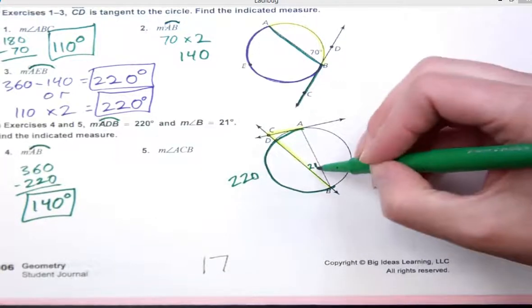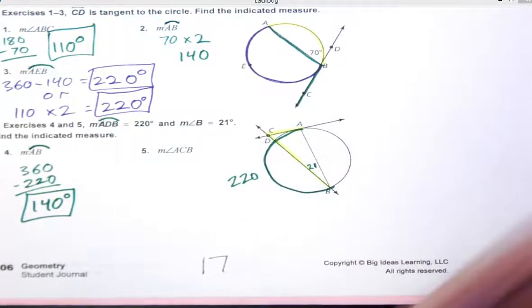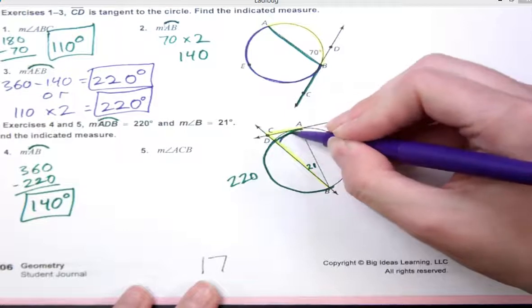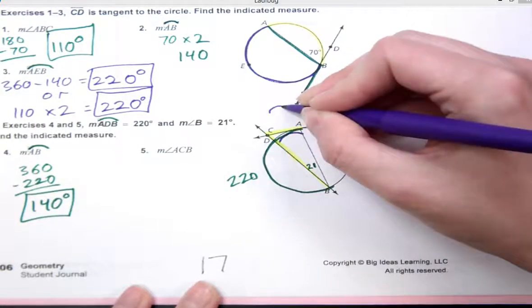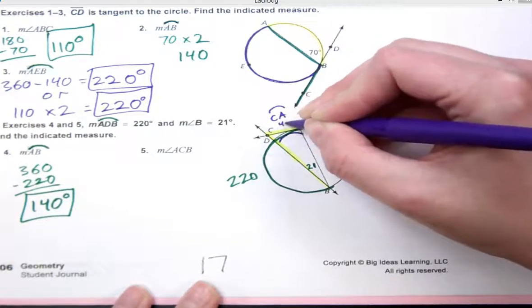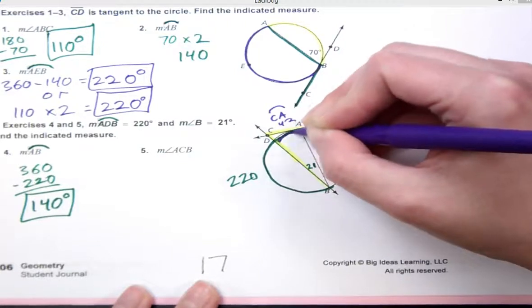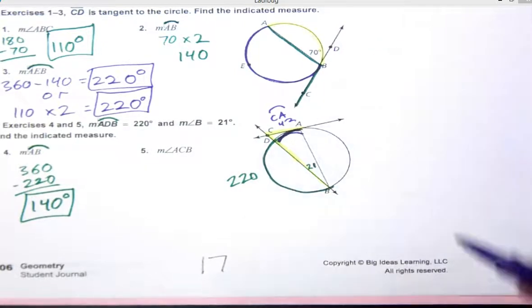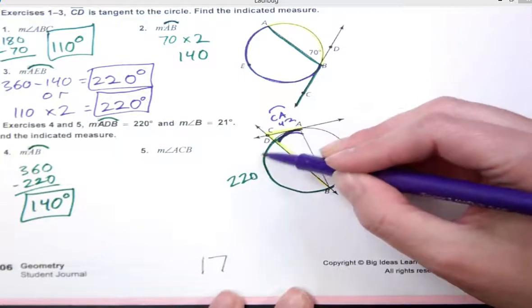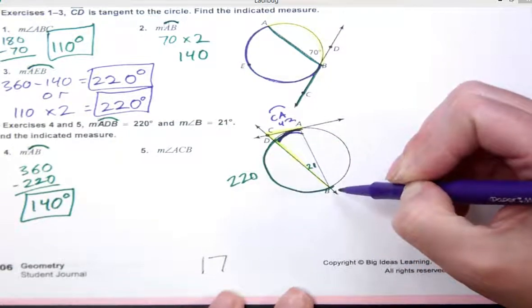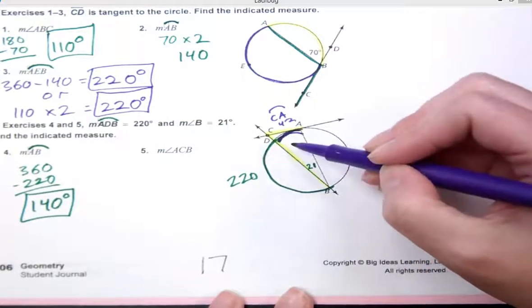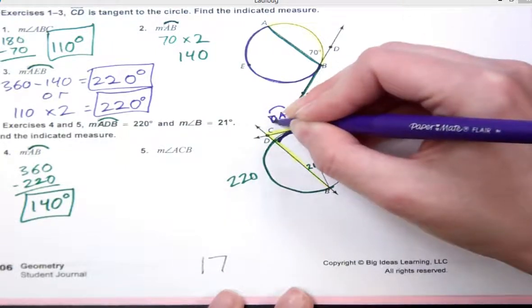So first of all, if this is 21, what is this arc C? 42. Yeah, so our arc CA is 42. It's just this little part of the arc here. If this whole thing is, oh, you're right, because C is the point outside, it would be DA.